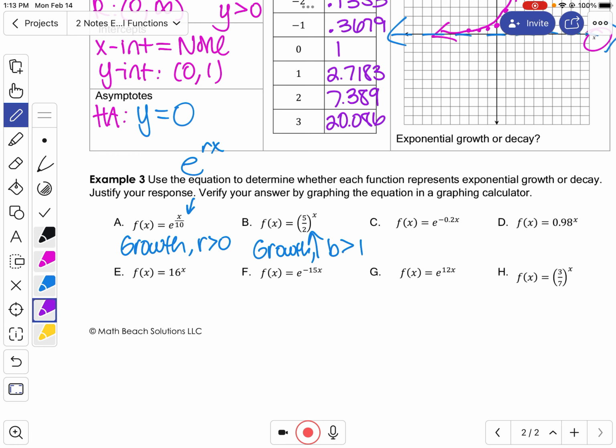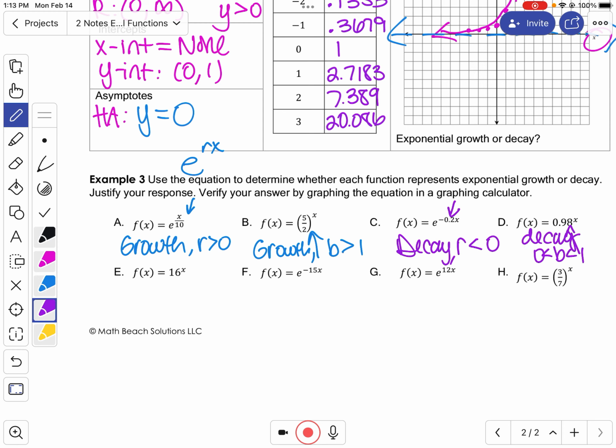Looking at the next one, notice it has an e, so notice in the exponent, that is negative. So since the r is less than 0, that means it's going to be a decay. No e on part D, but we have a base. Look at the base. It is in between 0 and 1. That means there's a decay.